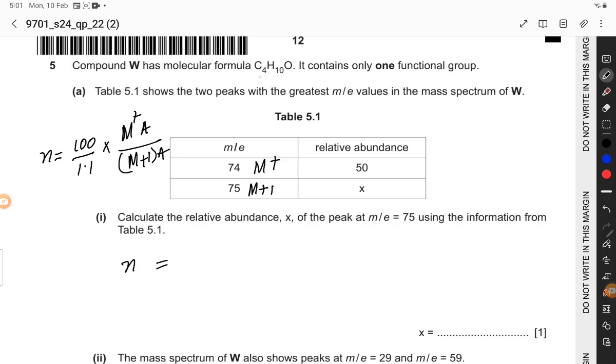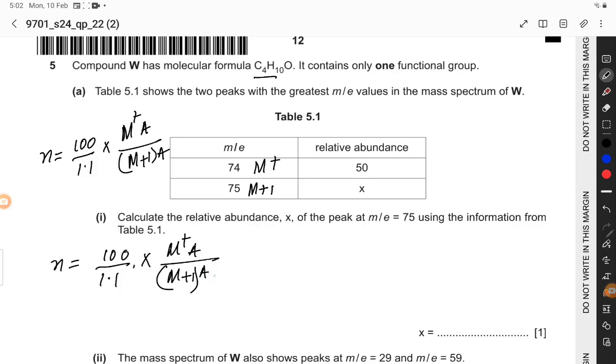N is equal to, we have the number of carbon atoms 4, so X is equal to, N is equal to 100 over 1.1 into the M plus 1 abundance over the M abundance.